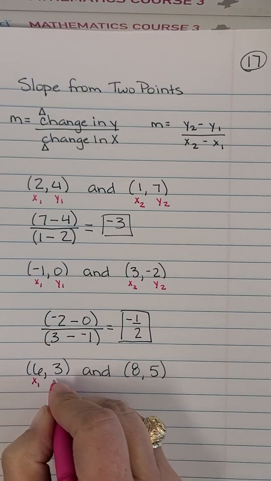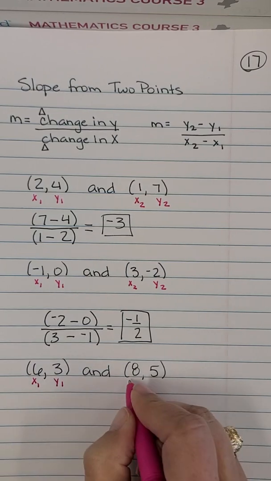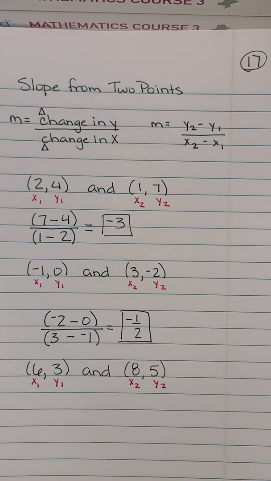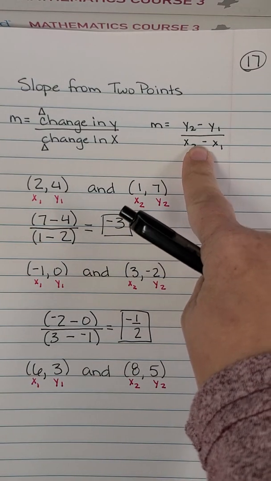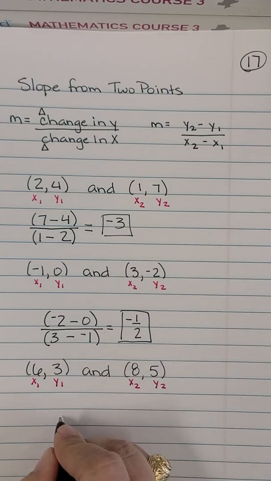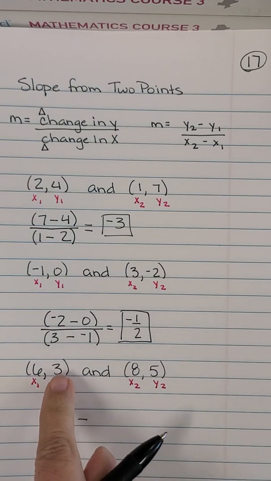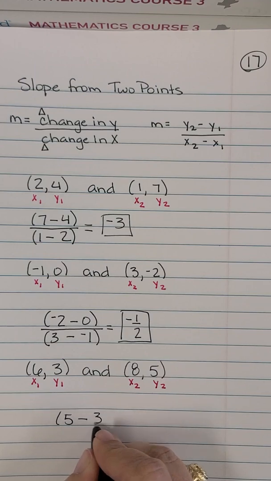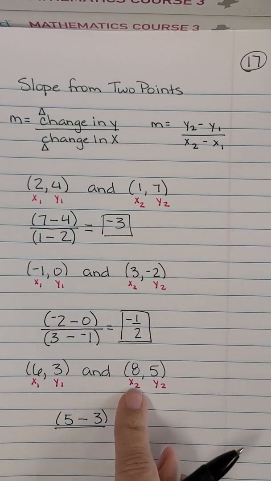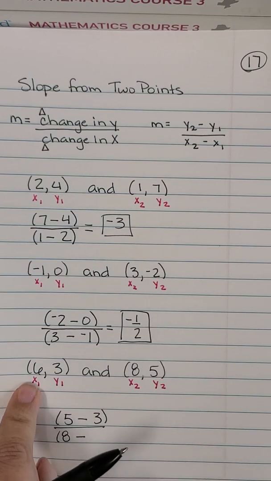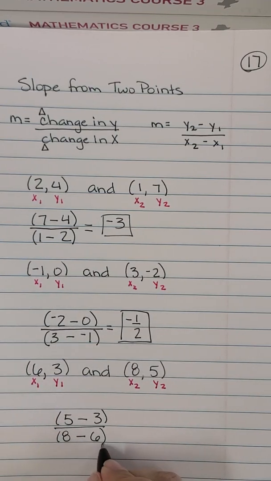So I have x1, y1, x2, y2, and then I'm just going to follow my formula. y2, 5, minus y1 is 3, over x2 is 8, minus x1 is 6.